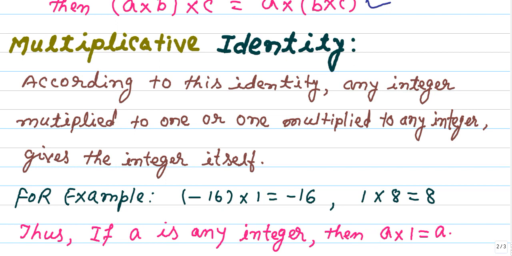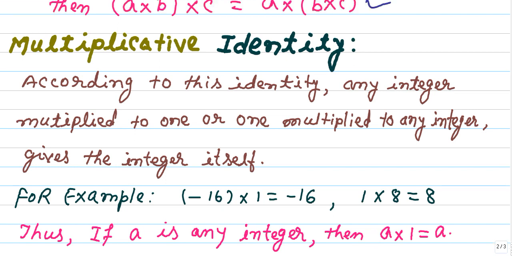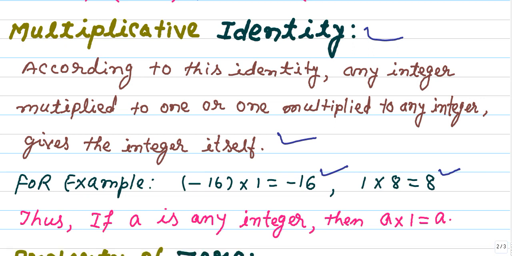The next property of multiplication of integers is the multiplicative identity. Here you can see on the screen what we have written. According to this property, any integer multiplied by one, or one multiplied by any integer, gives the integer itself. For example, minus 16 into 1 we get minus 16, and 1 into 8 you get 8. Thus, if a is any integer, then a into 1 equal to a.